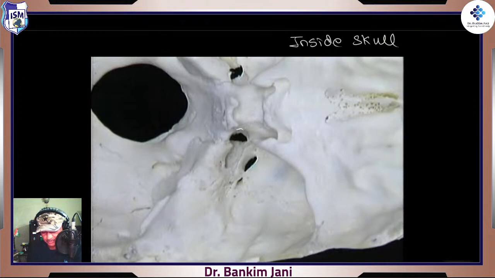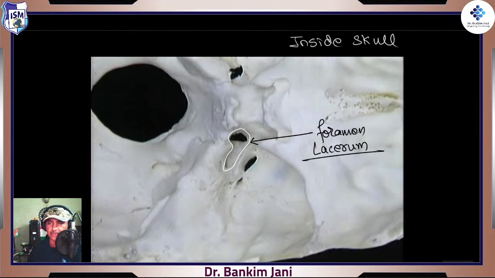But then there comes a very ragged, very irregular appearance. So they call this lacerated, right? This is damaged. So this is foramen lacerum. Foramen lacerum means one who has lacerations, irregularities, cuts, tears, right?